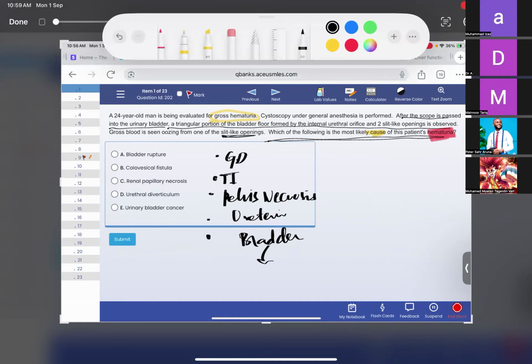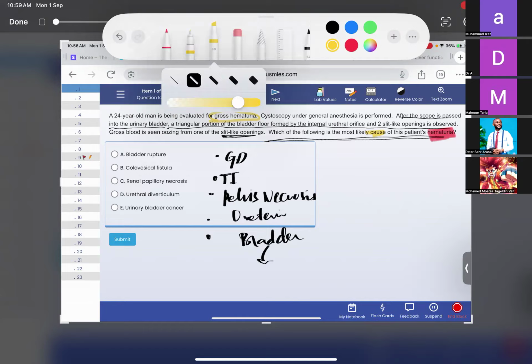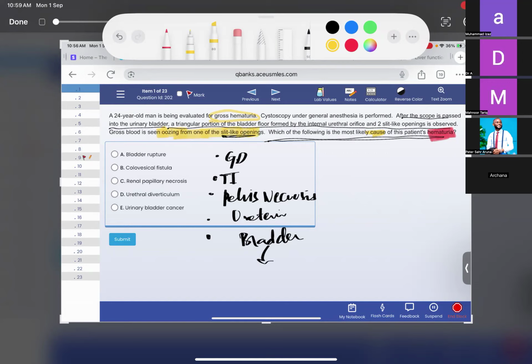What does this mean? Anyone, please? Oozing from above. Yes, great. So the blood is coming from somewhere above, so either the problem is in the ureter or pelvis, or tubulointerstitial diseases or glomerular disease.